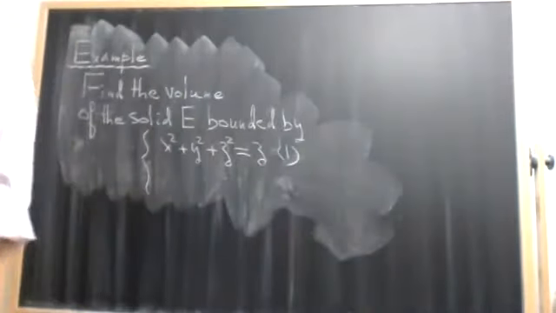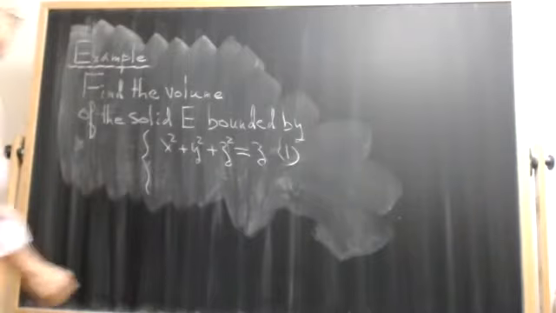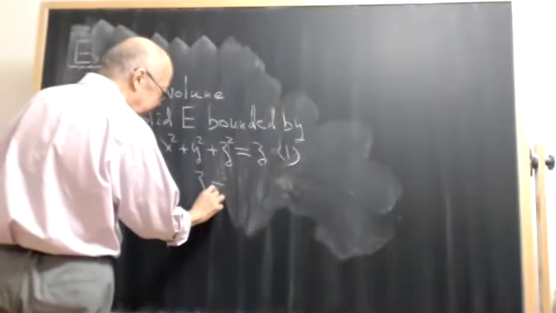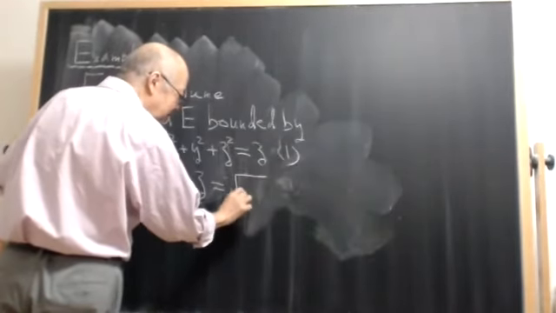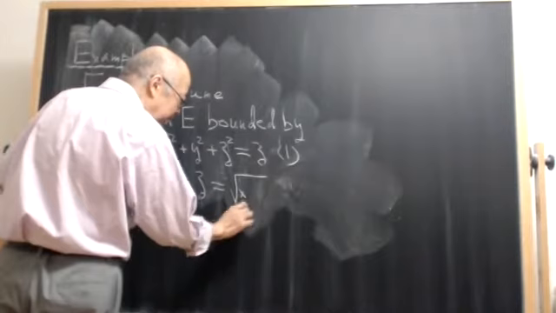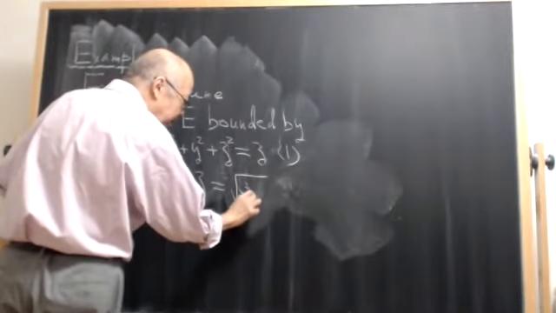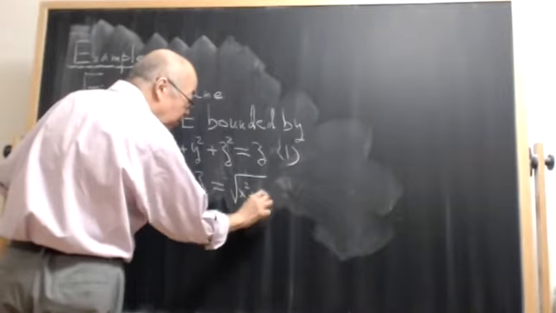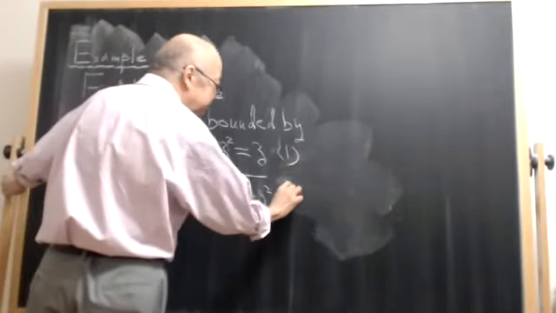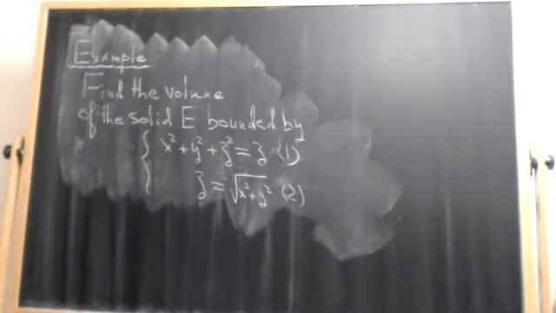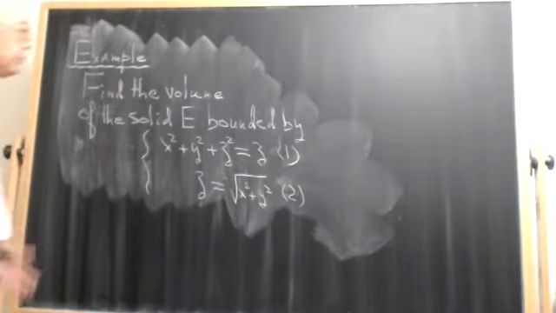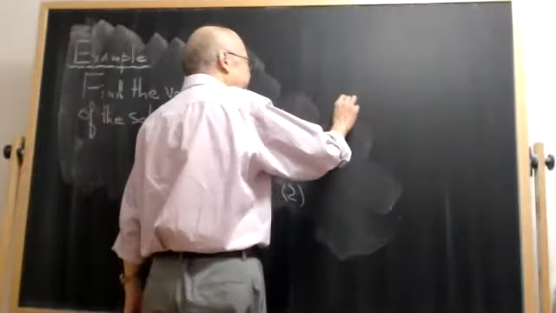Now, the second surface is given by the square root of x squared plus y squared. And I want you to find the volume by using spherical coordinates.